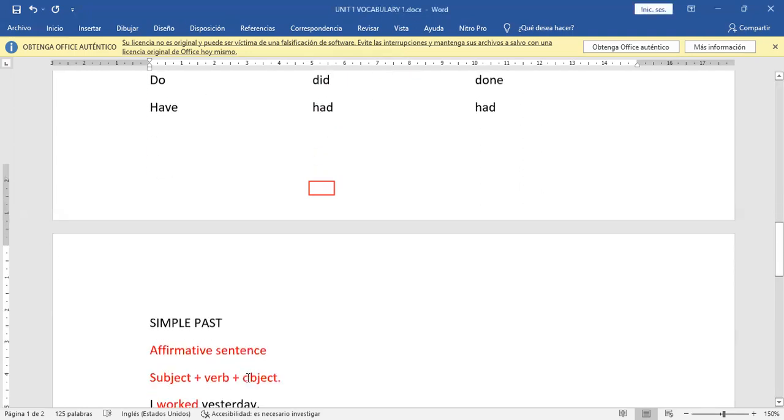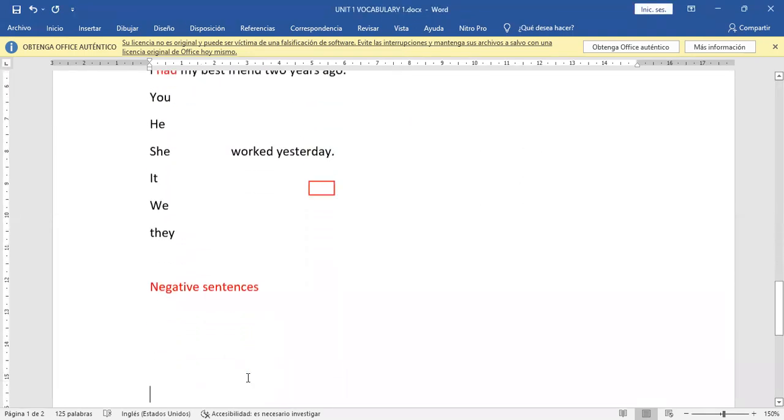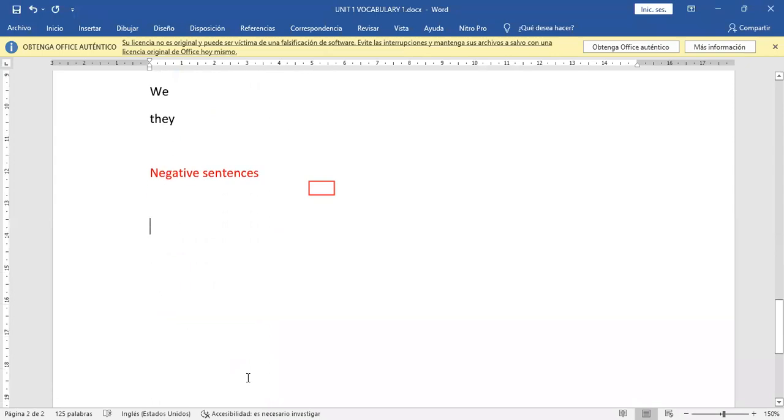So let's use did here in the negative form. What do you need to organize a negative sentence? You need the subject plus a verb, but you need the negative.